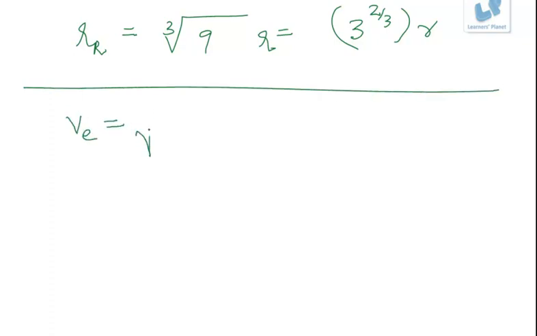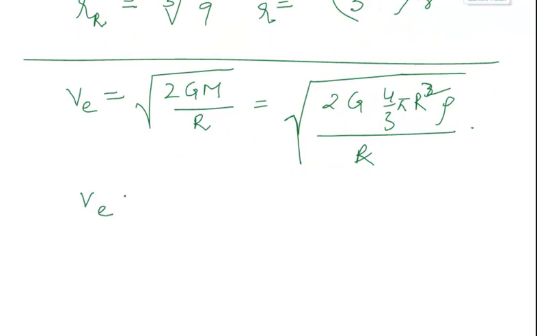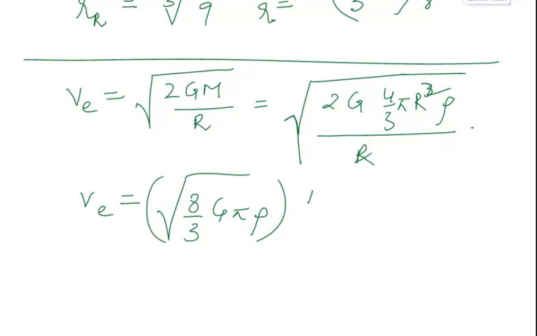Escape velocity is given by under root of 2GM by radius R. Now 2GM can be written as 2G times 4 by 3 pi r cube into density, upon capital R. So now we can write escape velocity as under root of 8 by 3 G pi rho, and r square will come out of it, so r.